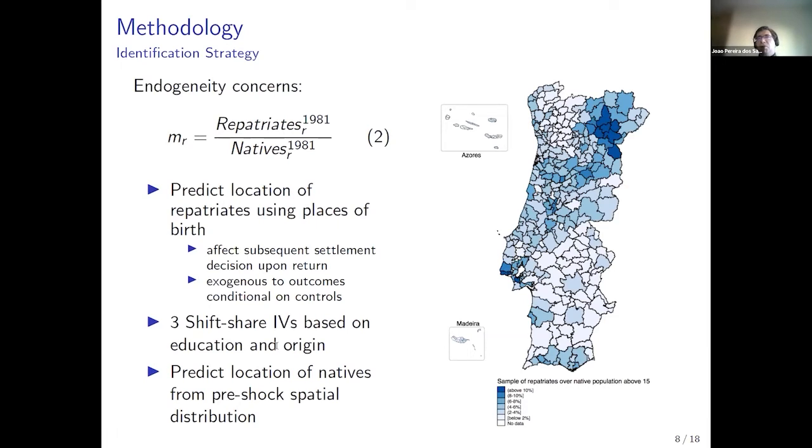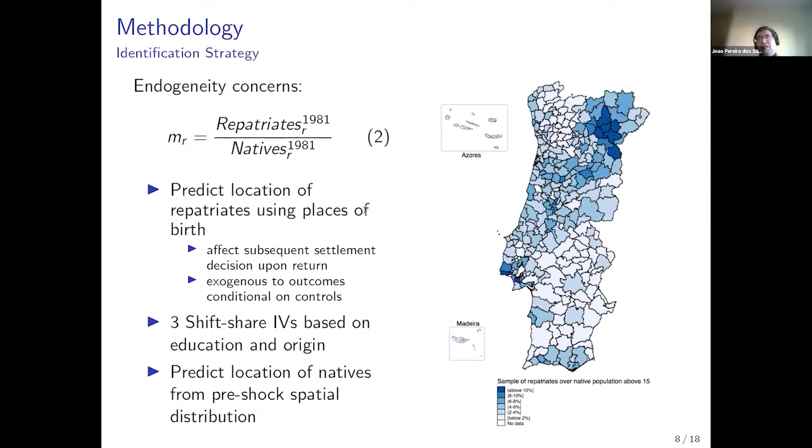But you could fear that this measure would suffer from endogeneity problems, at least for two reasons. It could be that the repatriates choose places that are with better labor market conditions a priori, and it could also be that natives respond to this influx of people by moving out of these areas.